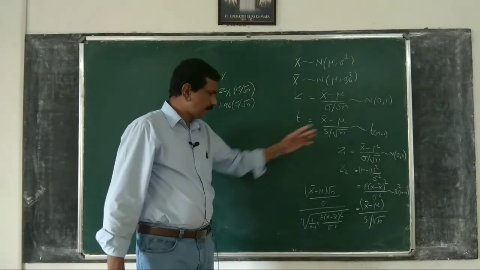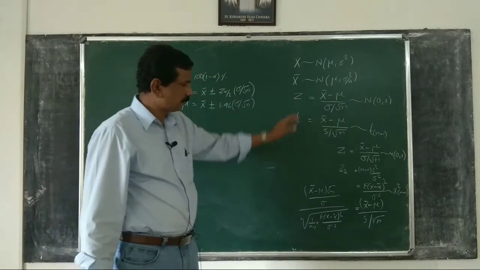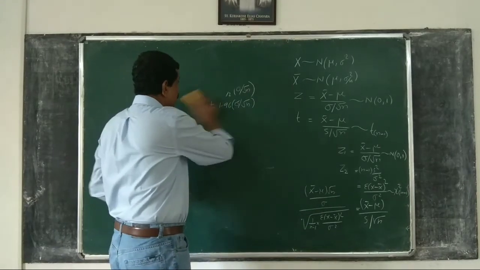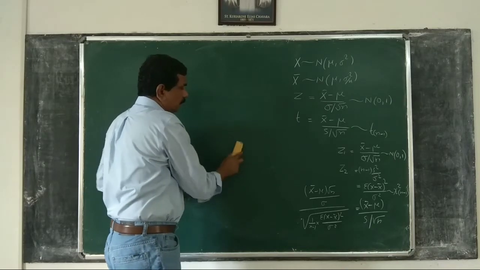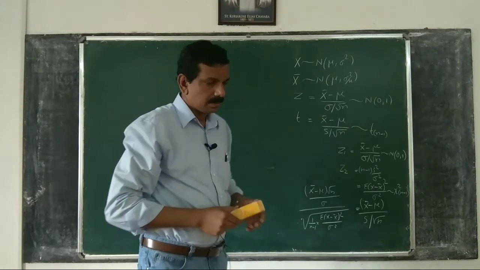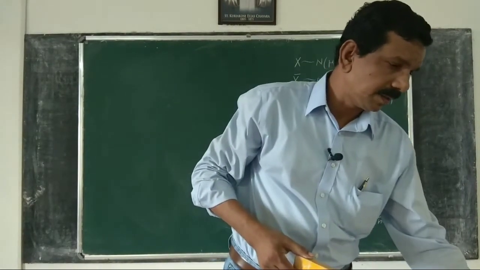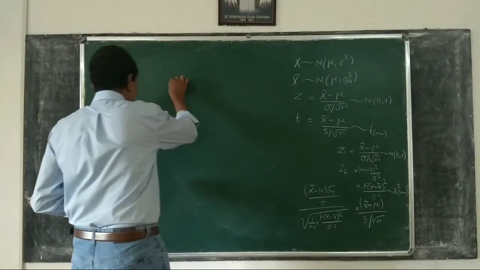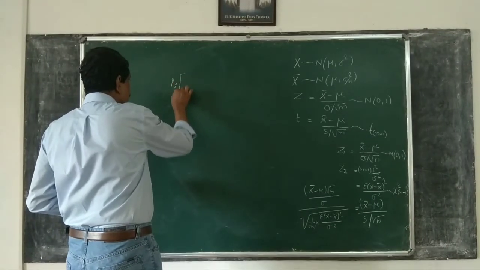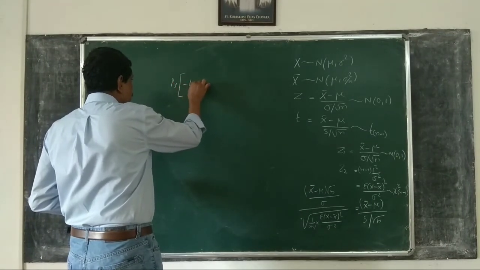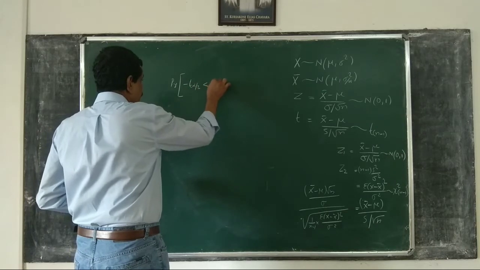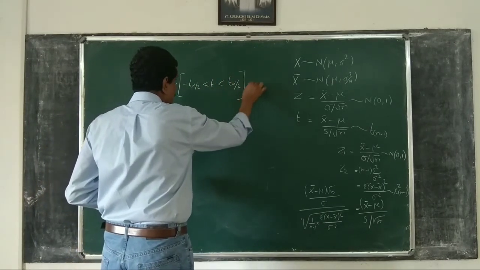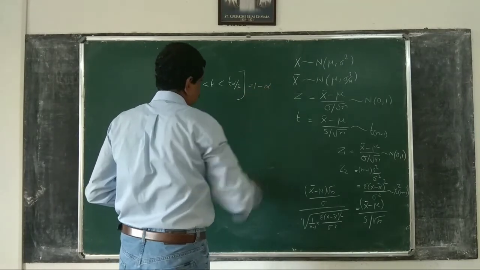So let us see how we use the T distribution for constructing confidence interval. Now, again, as we have discussed in the case of Z, we can make a statement like this: probability that minus T alpha by 2 less than T less than T alpha by 2 is 1 minus alpha.